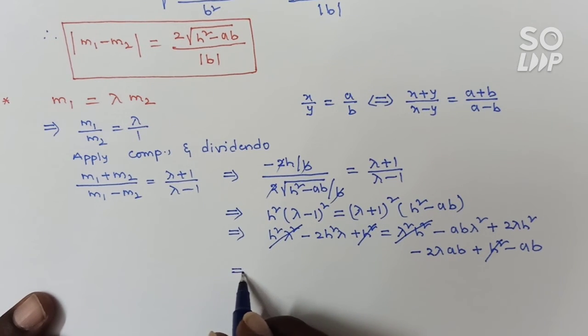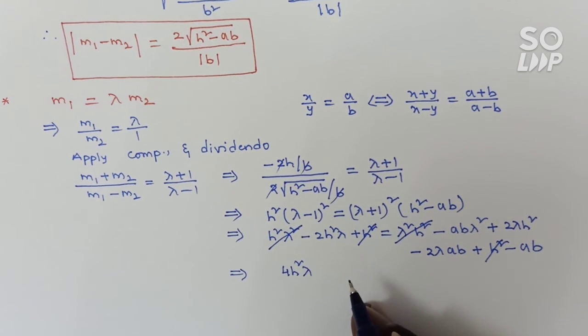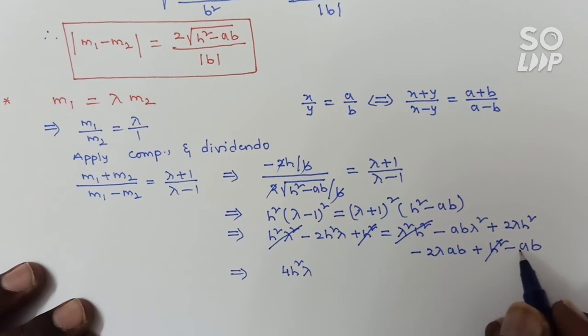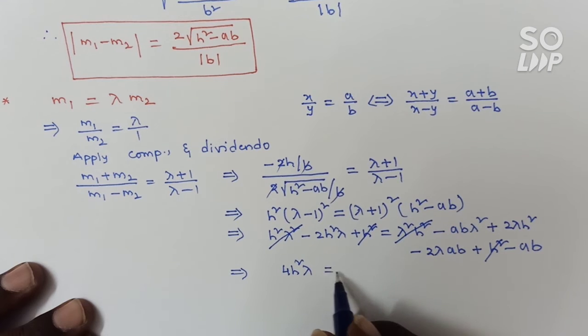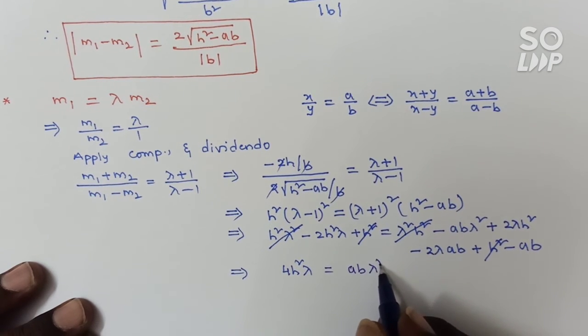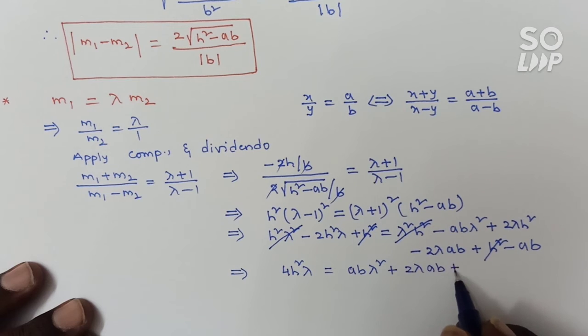That implies 4h square into lambda is equal to the remaining terms ab into lambda square plus 2 into lambda into ab plus ab.